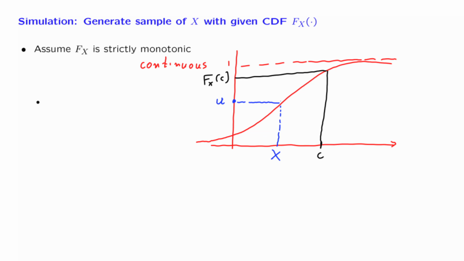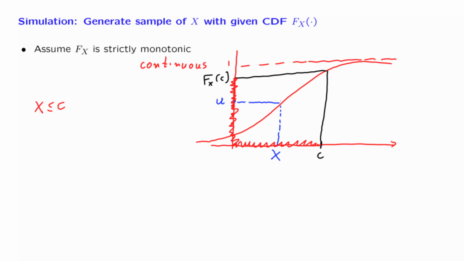My random variable X is going to be less than or equal to c if and only if my random variable X falls in this interval. But that's equivalent to saying that the uniform random variable fell in that interval.